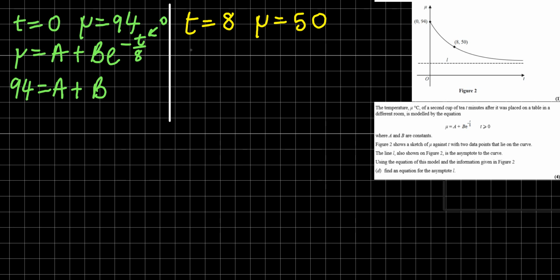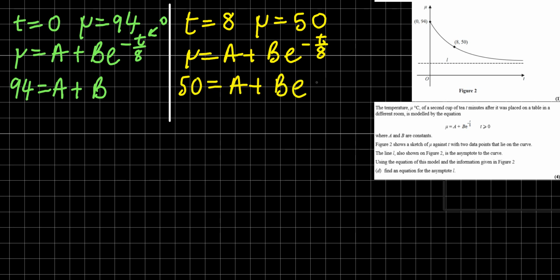On the other side, we have mu is 50 equals A plus B e to the minus 1, because minus 8 over 8 is minus 1.